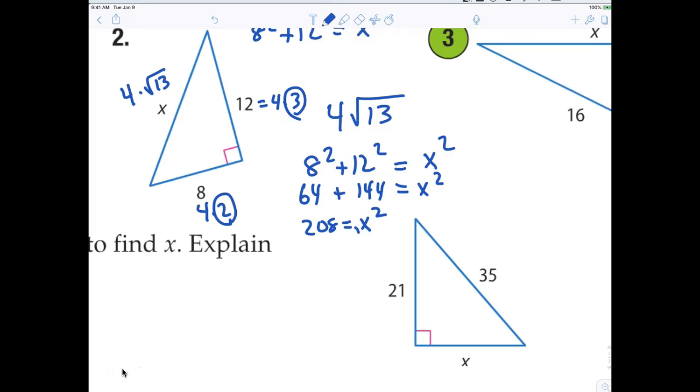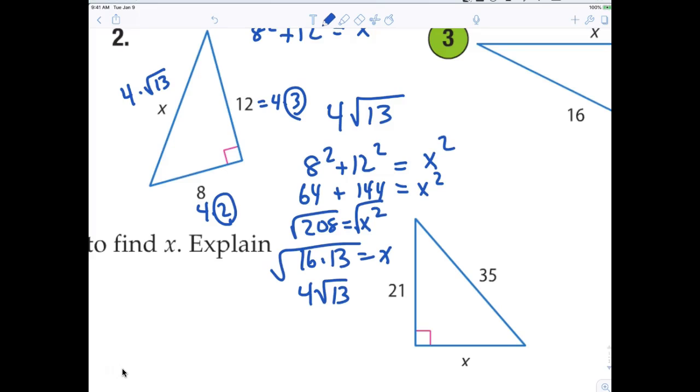Now when I take the square root of x squared, I have to break down 208. Well, 208 is 16 times 13. All right? And so then 4 radical 13. Does everybody see that? Does everybody agree with me?